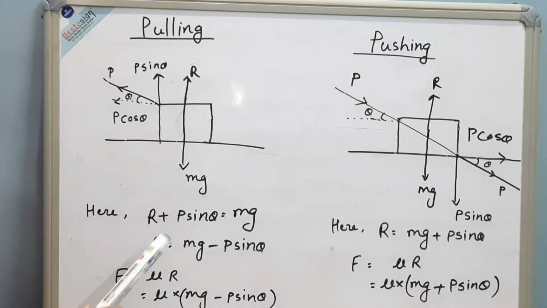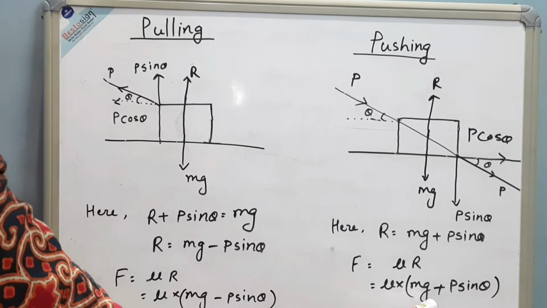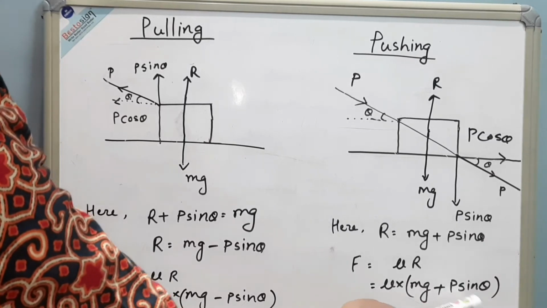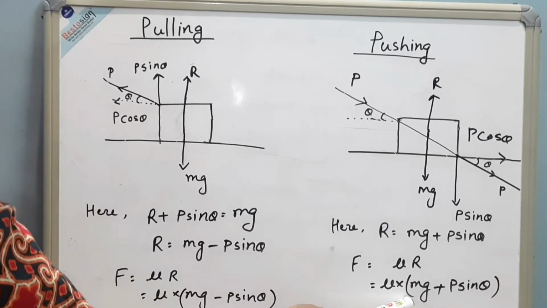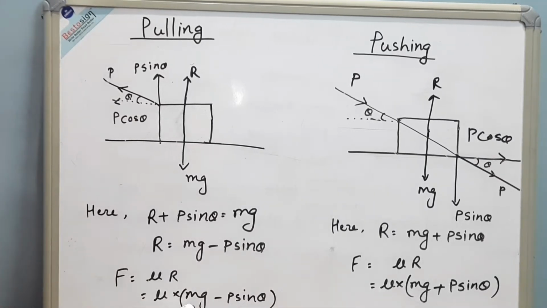Now the friction force in case of pulling is mu into mg minus P sin theta, whereas in case of pushing it is mu into mg plus P sin theta. So the friction force is increased in case of pushing and decreased in case of pulling. That's why we say that pushing is more difficult than pulling, or pulling is easier than pushing.